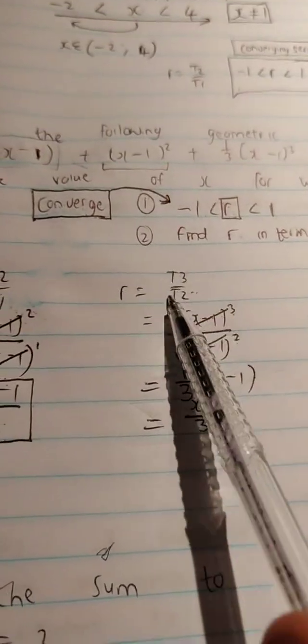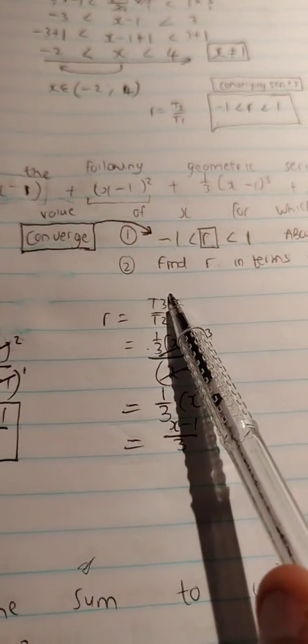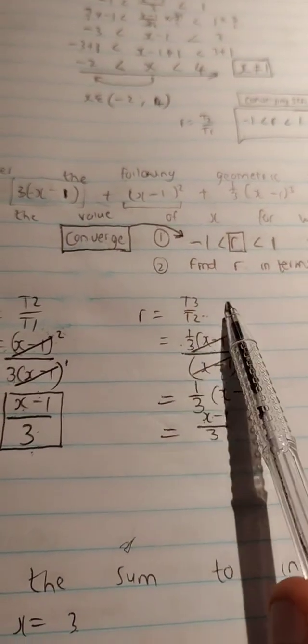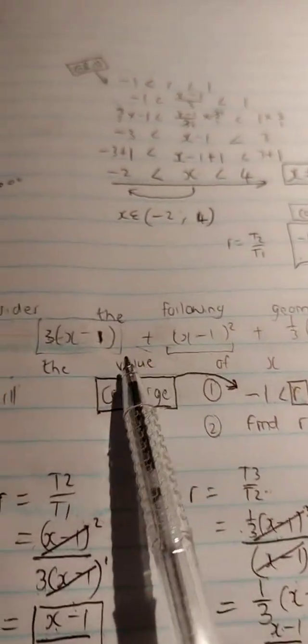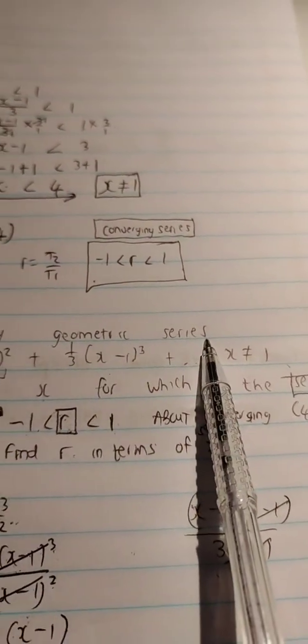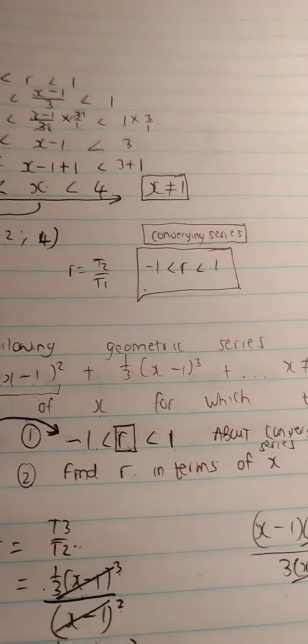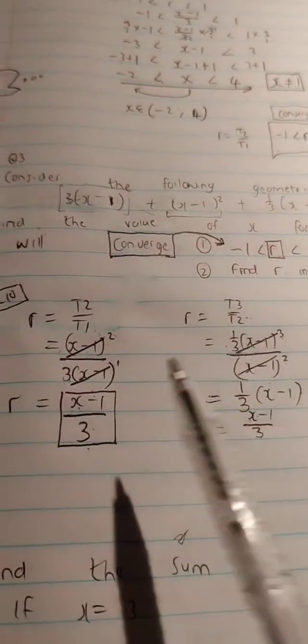You can further confirm that constant ratio by not only taking T2 divided by term 1, but also taking T3 divided by term 2. You don't necessarily have to do this, because the minute they say consider the following geometric series, that means the constant ratio is going to be constant whether you like it or not.